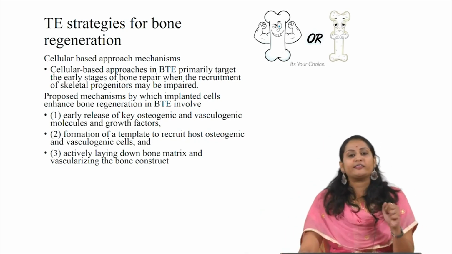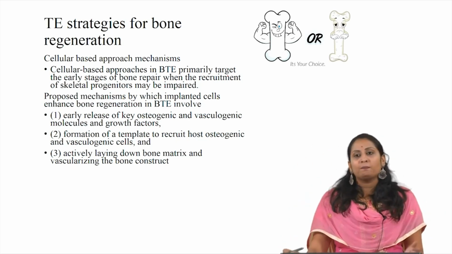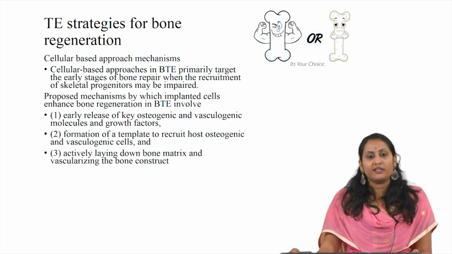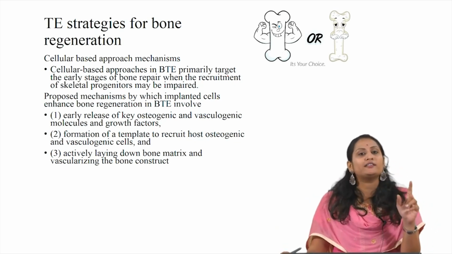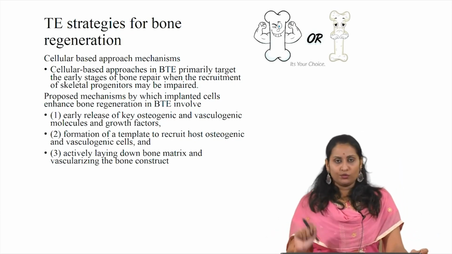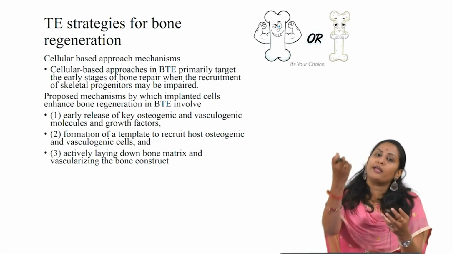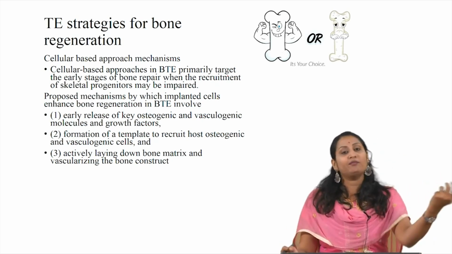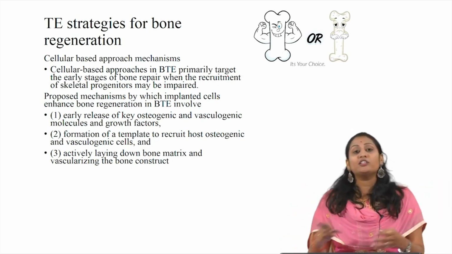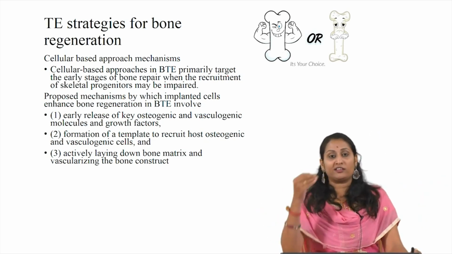The proposed mechanisms by which implanted cells enhance bone regeneration involve, first, early release of key osteogenic and vasculogenic molecules and growth factors; second, forming a template to recruit osteogenic and vasculogenic cells; and third, actively laying down the bone matrix and vascularizing the bone construct.